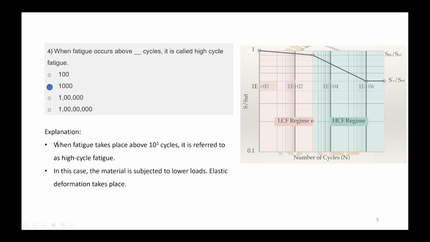When fatigue takes place above 1000 cycles, it is referred to as high cycle fatigue. And in this case, the material is subjected to lower loads, and here elastic deformation mainly takes place because your stress is not going above the yield point.